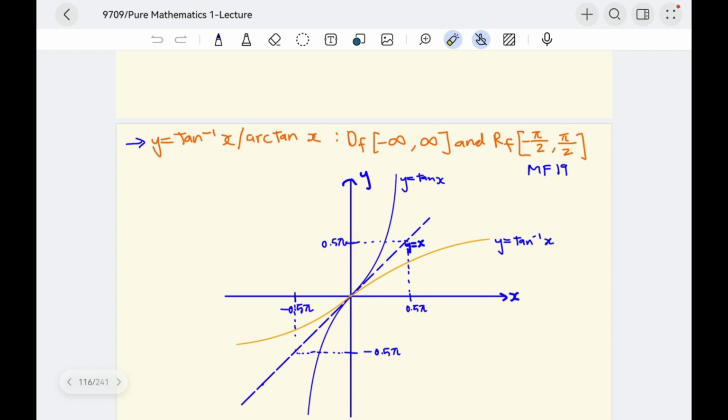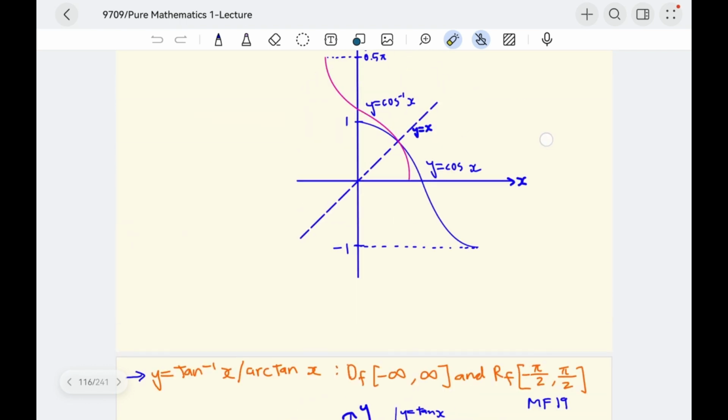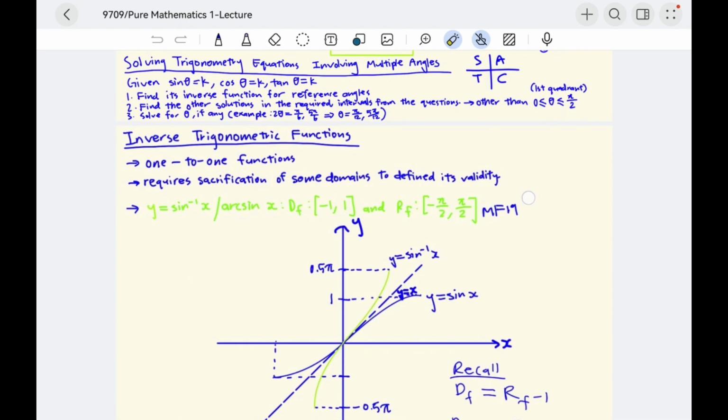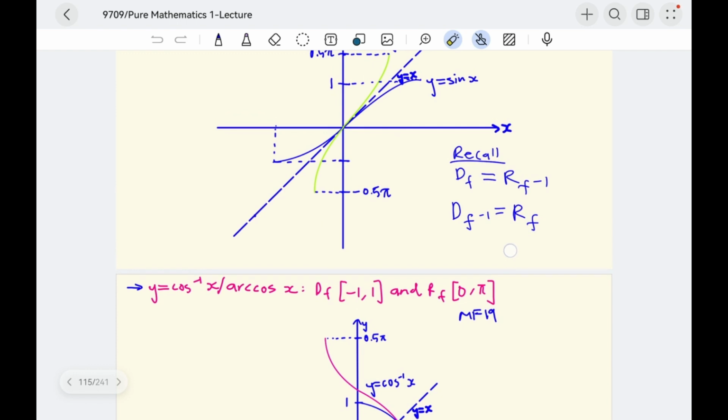I think the external examiner's questions are likely to ask you to draw the inverse trigo graph, so you still have to grasp these three inverse trigo functions.